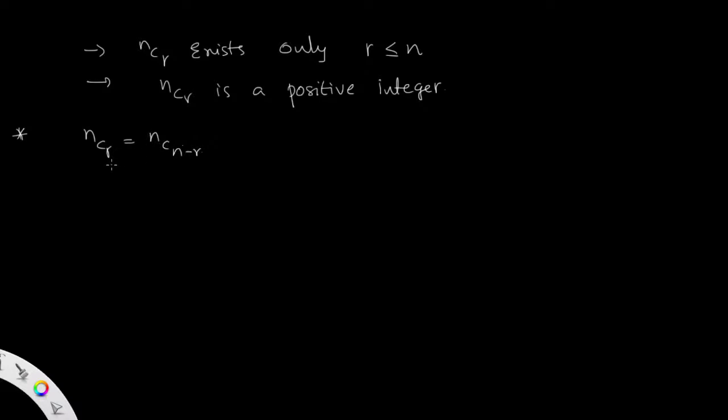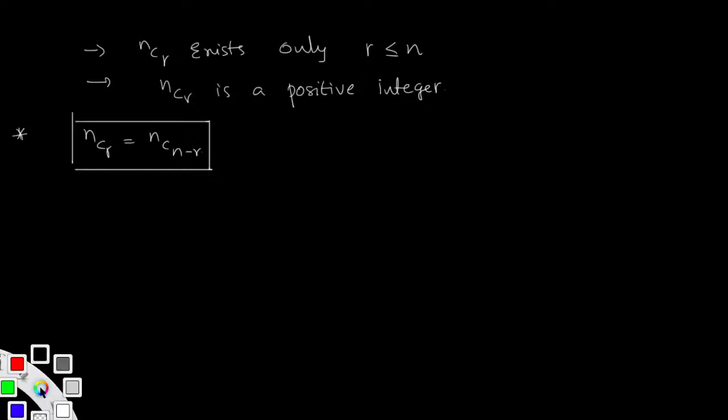This is the most important formula for our problem solving. This is the frequently used formula, NCR equal to NC n minus R. So we can write the formula proof.